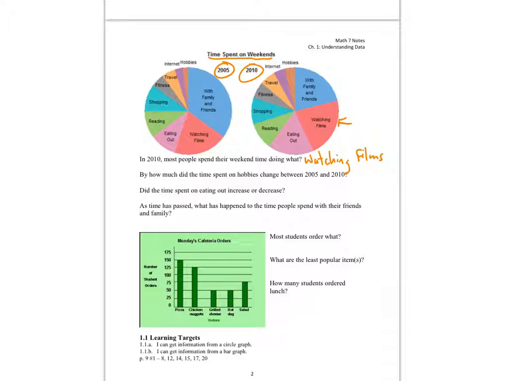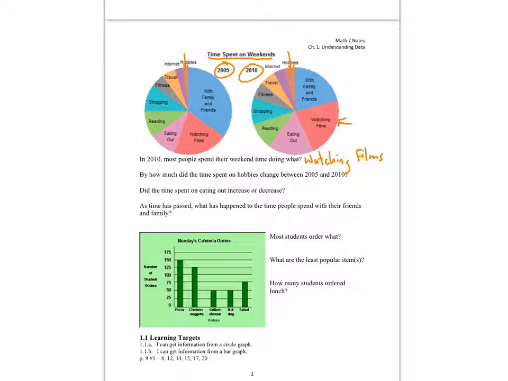So then you can compare with a pie chart. We don't have specific numbers here, so you're going to have to estimate. How much do you think time spent on hobbies changed between 2005 and 2010? Roughly, give me a guess.